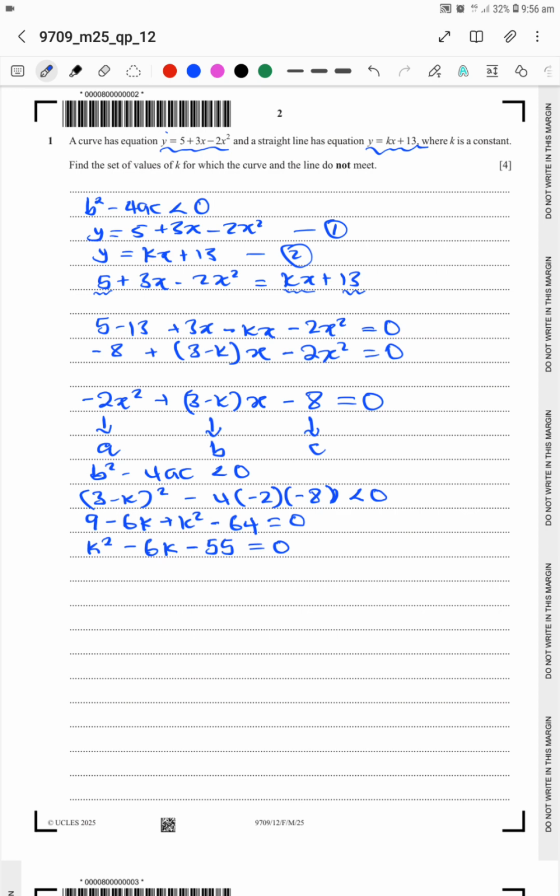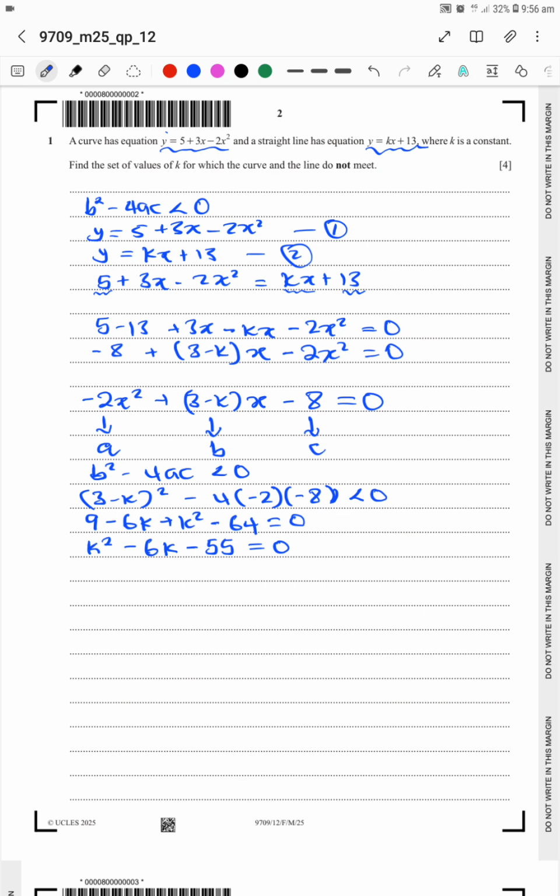From here, we can solve this just by using our calculator. I want to quickly open the calculator and solve it. Because the question is not saying that we should show all our working, we are allowed to use the calculator.